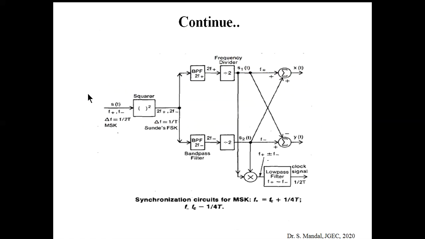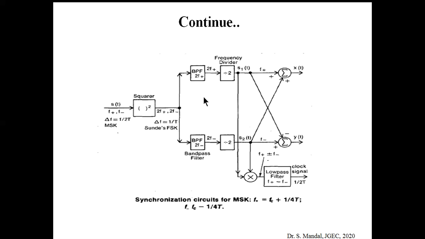Now we already mentioned that x(t) and y(t) need to be regenerated at the receiver section. So this is the corresponding synchronization circuit to generate x(t) and y(t) and the clock signal. Initially the incoming signal is s(t), which consists of two signals, a high frequency and a low frequency, f+ and f−. If we use a square law device, it doubles the frequency of the signal, so we get 2f+ and 2f− at the output.